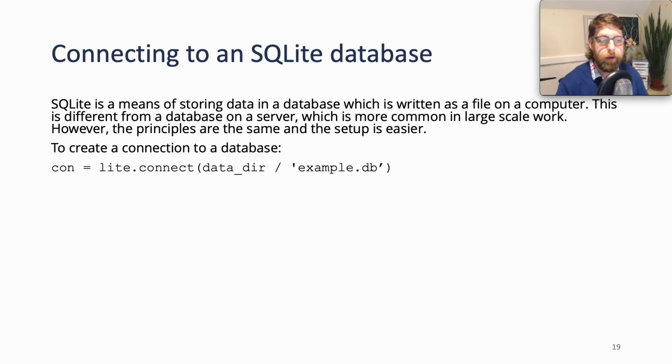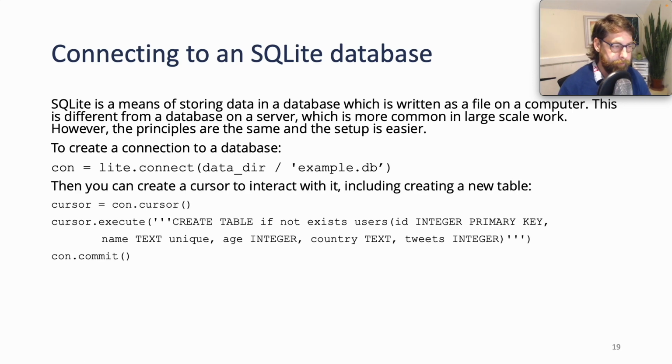So in order to set it up, it's pretty easy. Once you've imported SQLite, you can just create a connection to a database. If there is no database where you create that connection, it'll create it for you. So in the current version here, I've created one called example.db. The first time you start that, if there's no example.db in your directory, then one will be created.